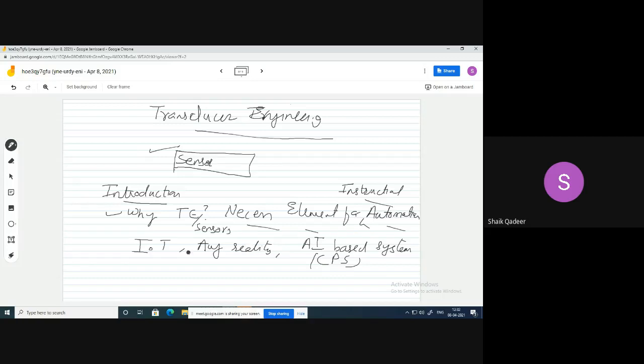I will restrict myself to these three emerging technologies. Let us see these three latest technologies and try to observe the use of sensors in these three cases. Can I proceed?